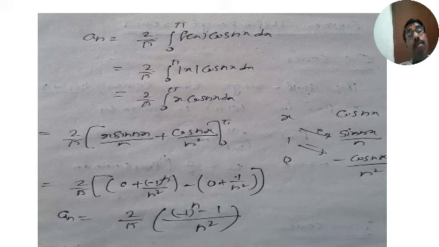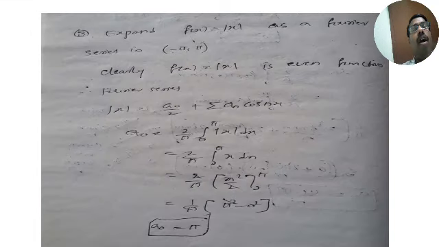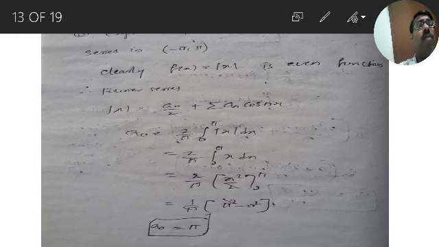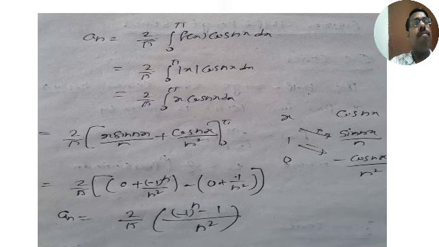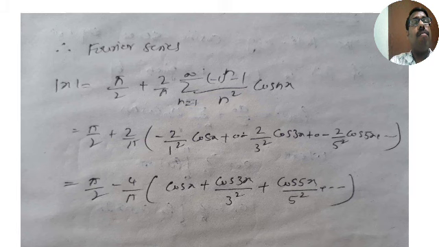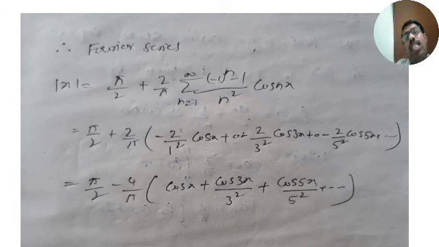Now let us substitute a naught and an values in the Fourier series. A naught we got is pi, and an is 2 by pi into minus 1 whole power of n minus 1 by n square. Now substitute the a naught and an terms in the Fourier series.